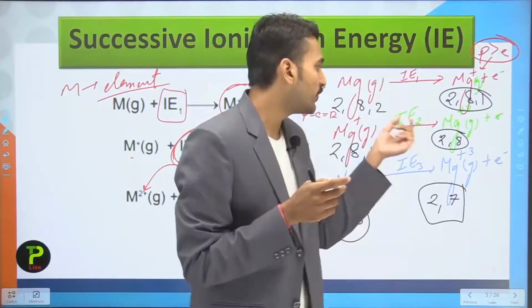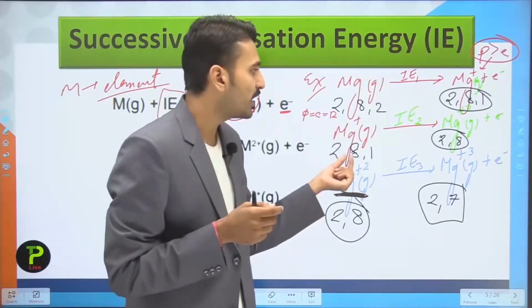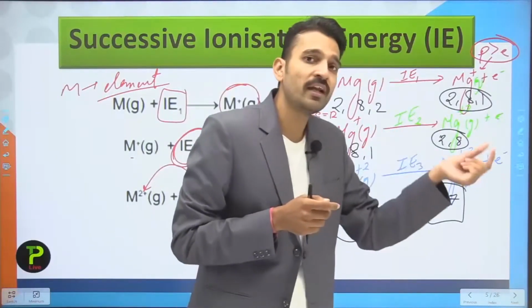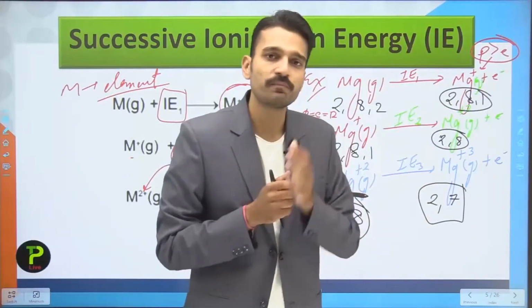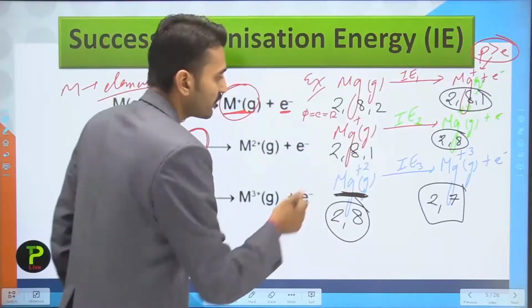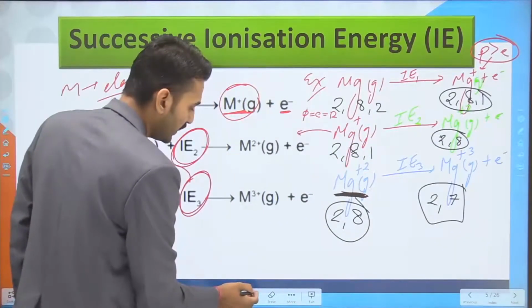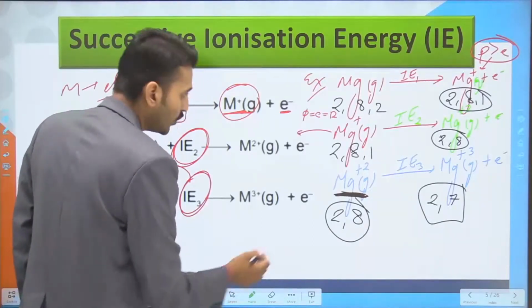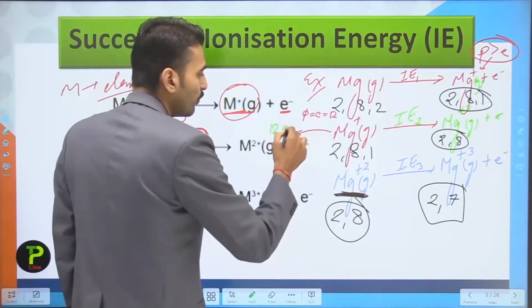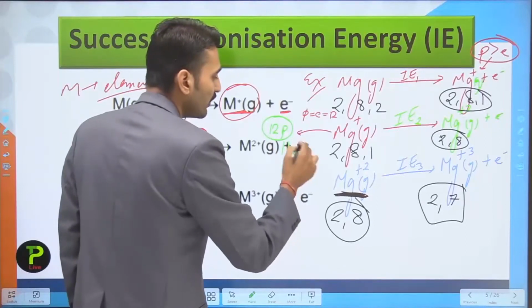So what happens when we remove one electron from this particular cation? We require more energy to remove that electron. Same in this case: Mg plus contains a total of 12 protons while there are only 11 electrons.